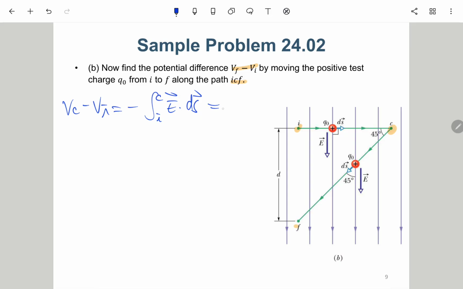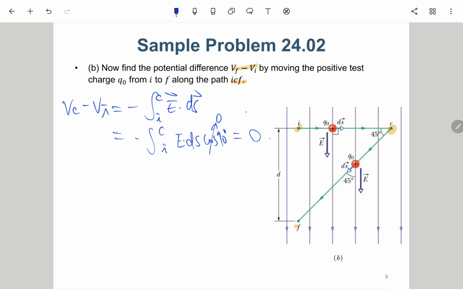If you like, you can write it as E times ds cosine of 90 degrees, which is 0. So this turns out to be 0.